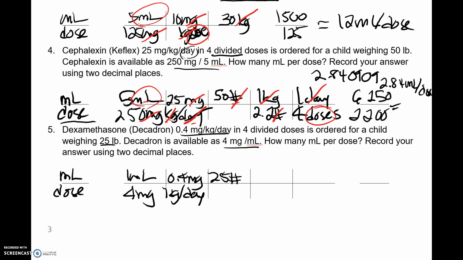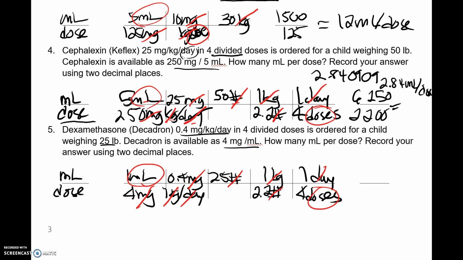On top we need kilograms to cancel, so we have 1 kilogram equals 2.2 pounds. And then we also have the days: 1 day gets 4 doses. So we'll use our red pen and make sure that everything cancels. Milligrams cancel, kilograms cancel, pounds cancel, days cancel. Left with mLs per dose.